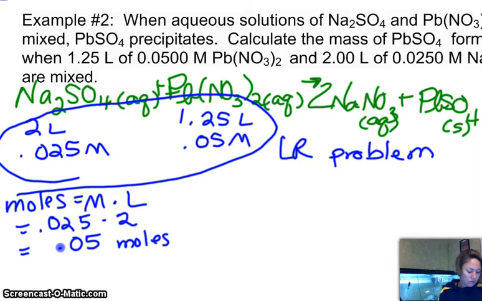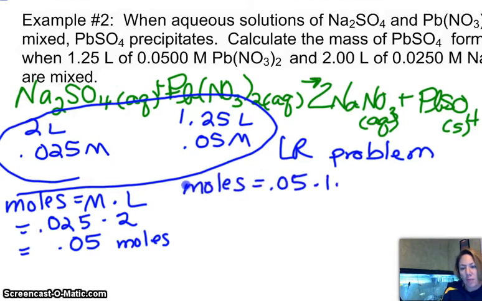I just want to be sure. I hate when it doesn't flip. 0.025 times 2. 0.05. Yep. Why do I doubt myself? And then moles here equal 0.05 times 1.25. 0.0625.